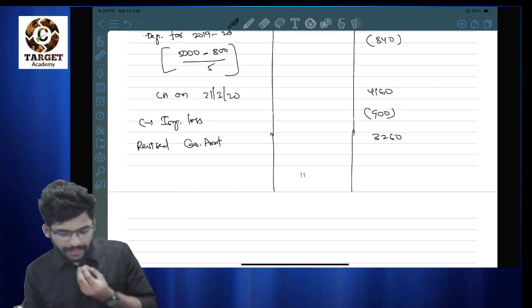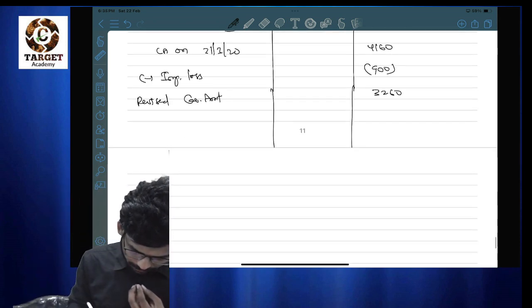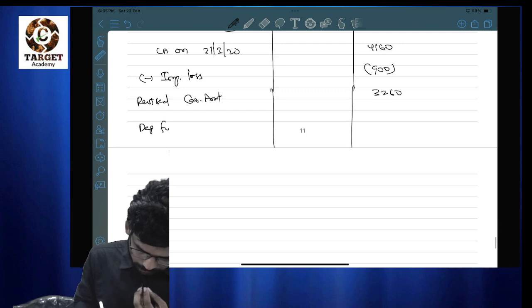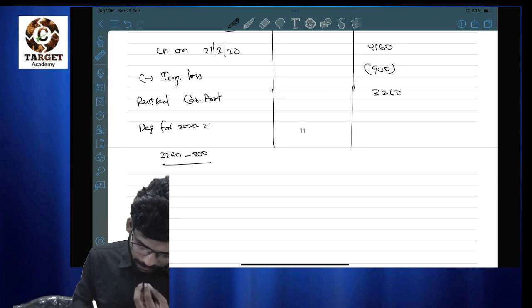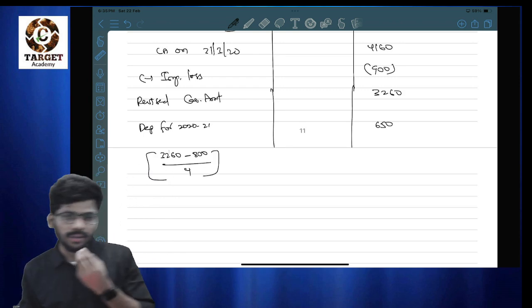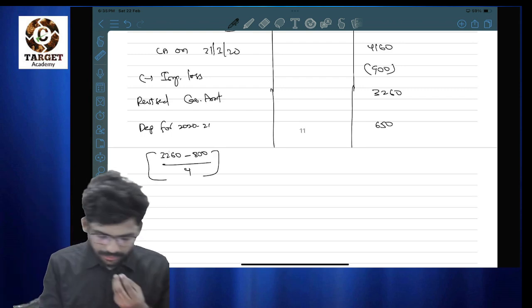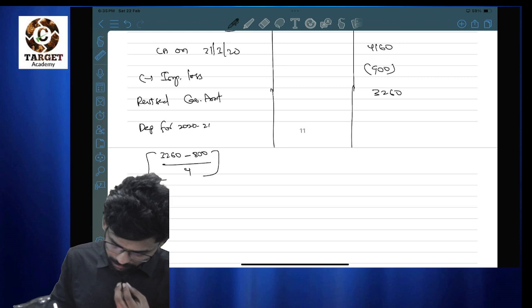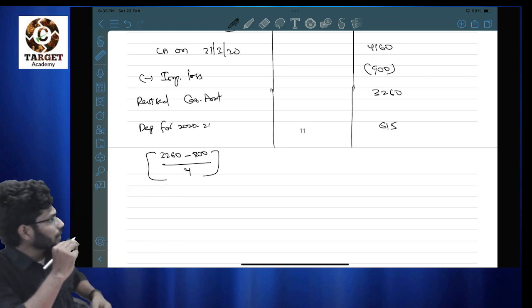Now calculate depreciation for 2021. 3260 divided by 4 years. How much? 815. Is that clear?